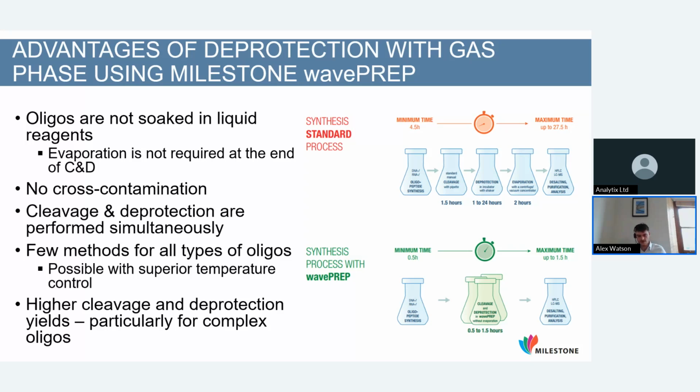That's really handy in terms of time spent picking the right method for an oligo, and also the time we spend designing these methods, as well as preventing any issues or mistakes, like applying the wrong method to an oligo. We're also getting high cleavage and deprotection yields, particularly for complex oligos, the thermolabile ones, and also the ones with quenchers or dyes.